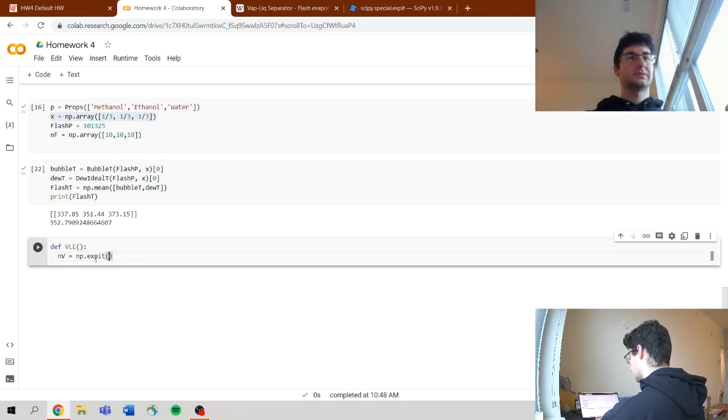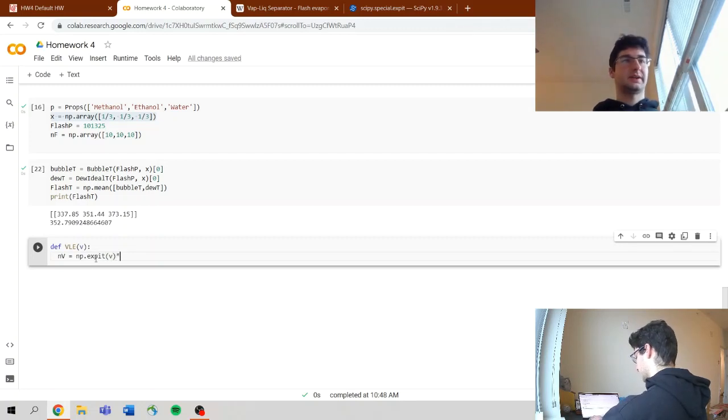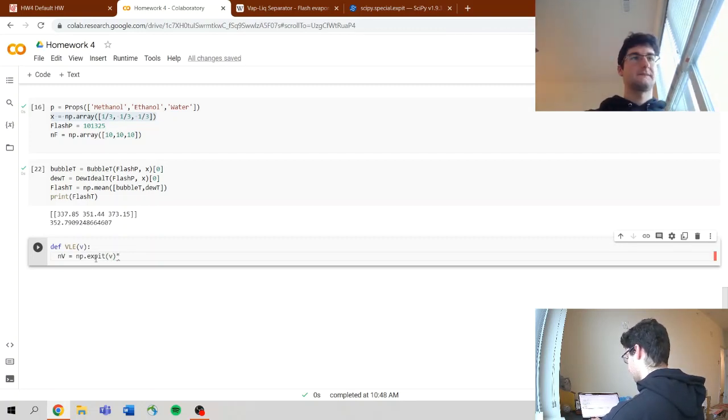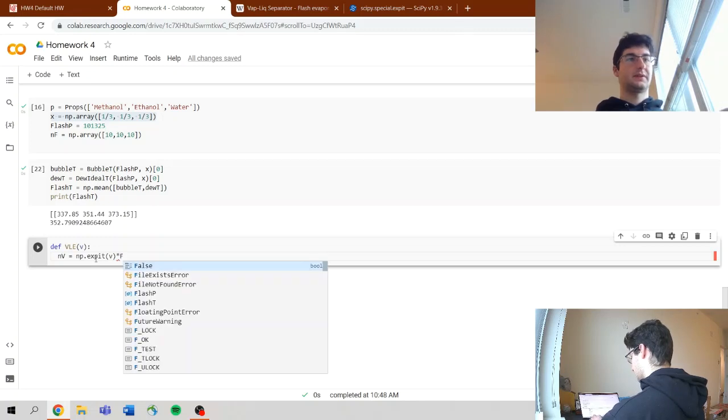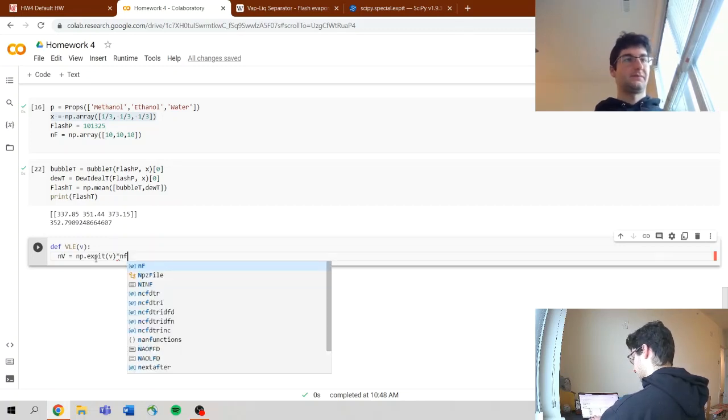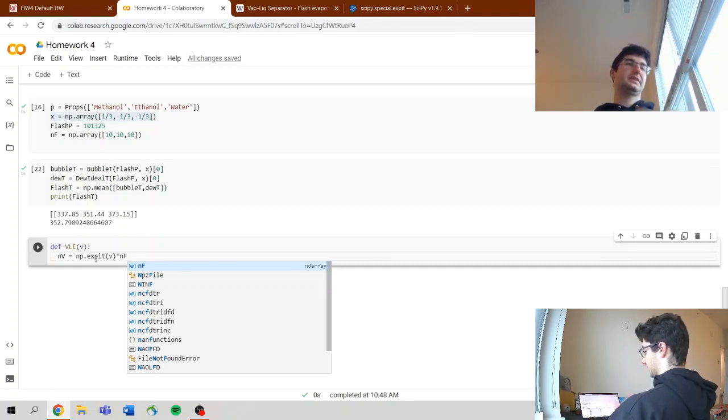And we want to find the vapor fraction, so vapor fraction is going to have to be one of our parameters. Then we're going to multiply this by our NF array, big F. What this will do is calculate our molar fractions, and we'll multiply it by our total moles to get our moles as a gas.